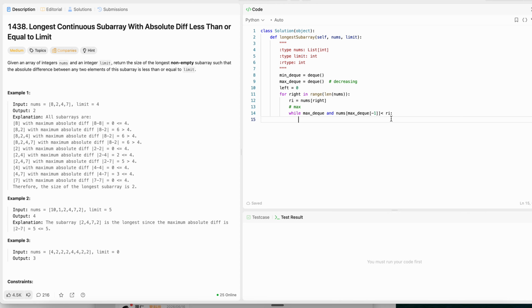That means we need to pop, and at the same time we pop until it maintains the decreasing monotonic deque, and then we add it there.